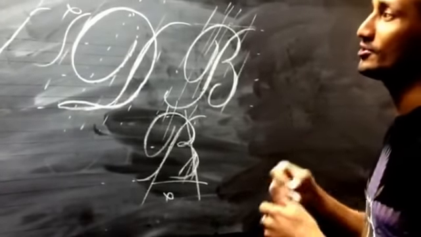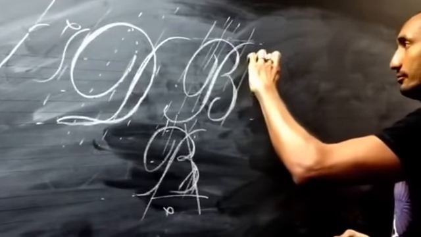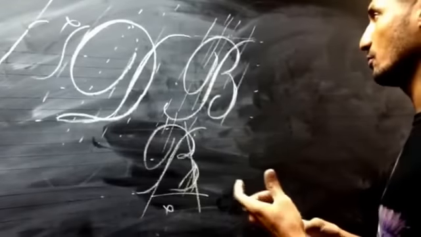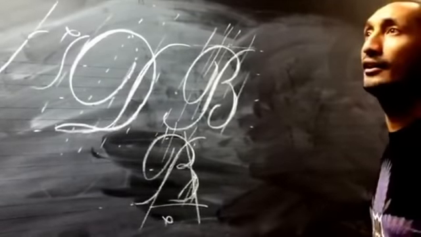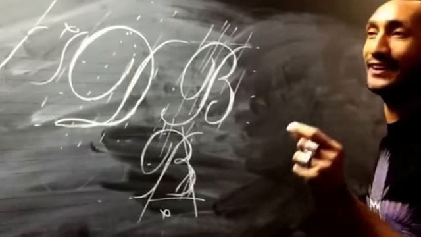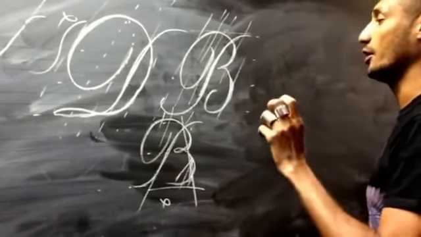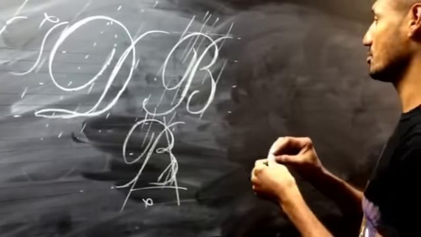But I would suggest that you try and be consistent with keeping a note on where you're working. Otherwise, the script tends to fall apart. Don't forget you're working with a nib that produces a hairline that you can make up to 50 to 80 hairlines in a millimeter. So when you're working with something that fine, you really want to be quite accurate with the space that you're working in.